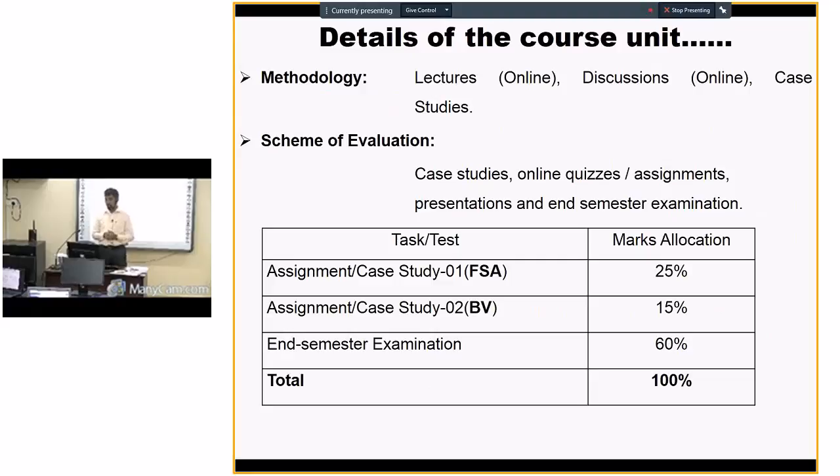We have to check that type of information, analyze it, and compare with previous years, with the competitors and with industry norms. After comparing them, we can make decisions.